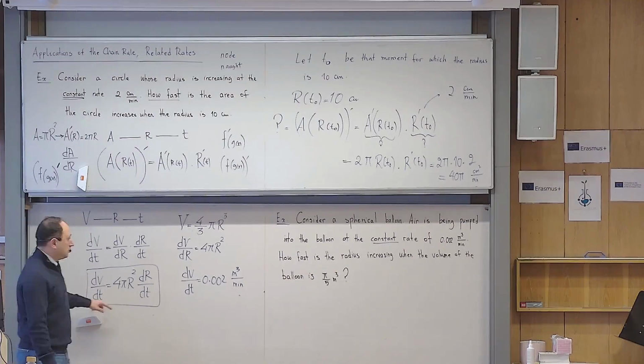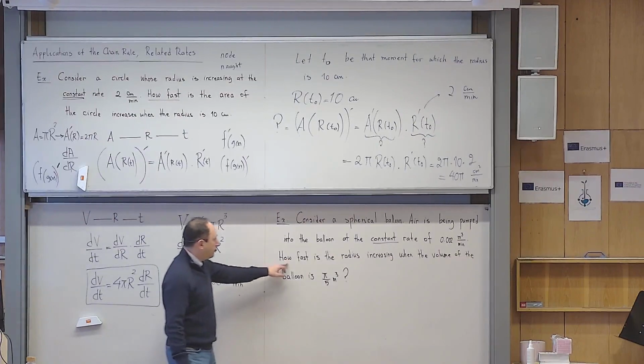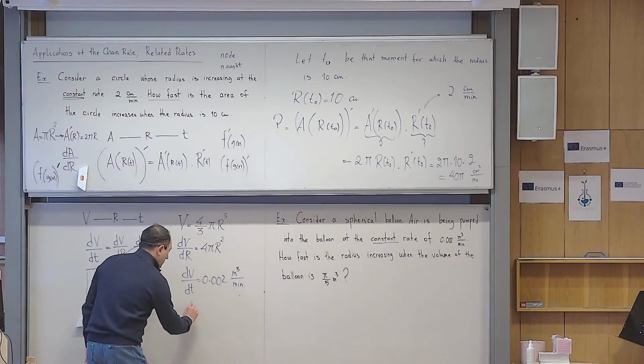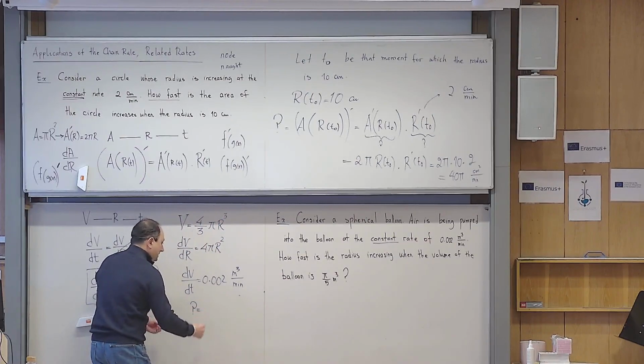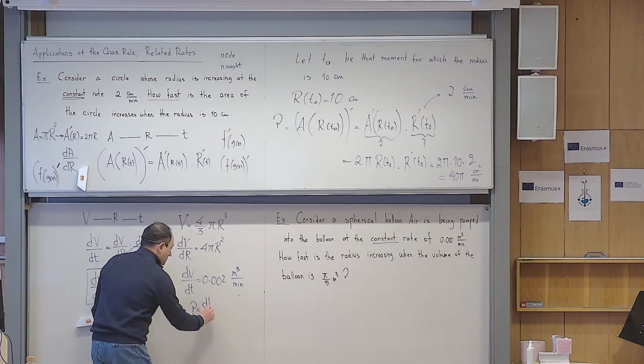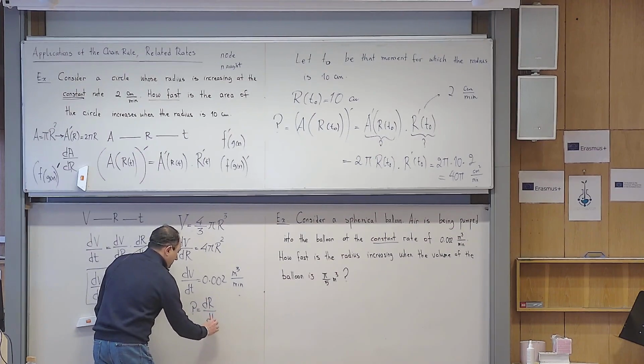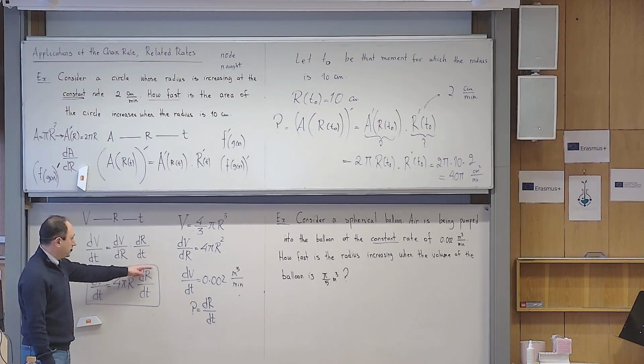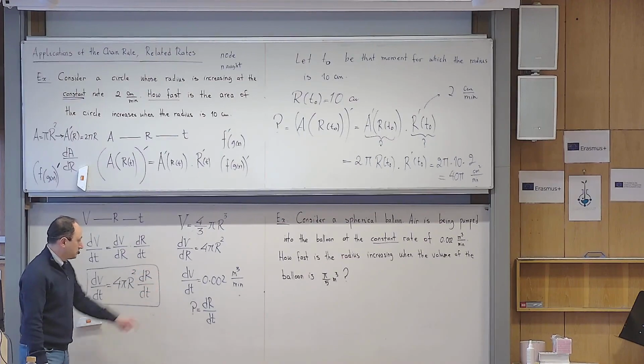Okay, what is wanted? How fast is the radius increasing? So what is the question mark? How fast the radius is increasing. This is my question mark. I have this one, and I don't fight with this because that's my question mark.